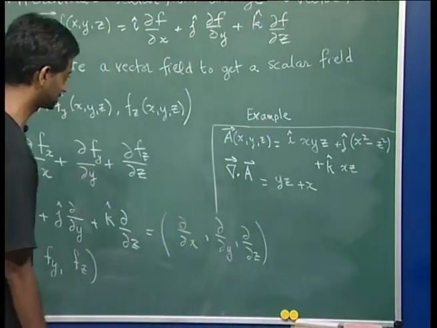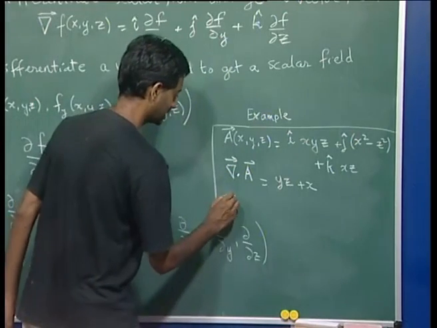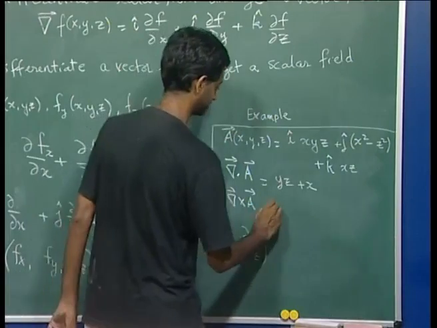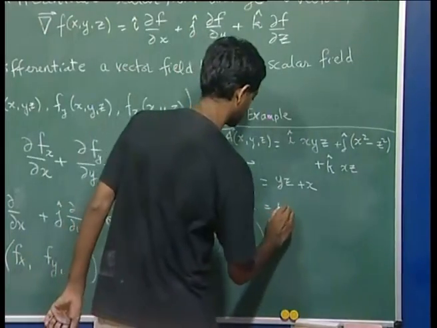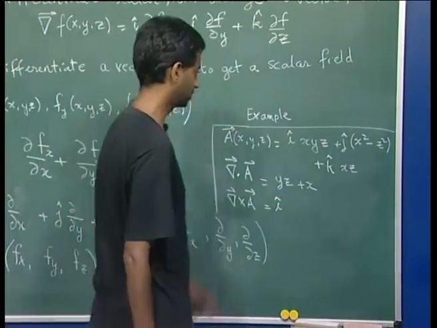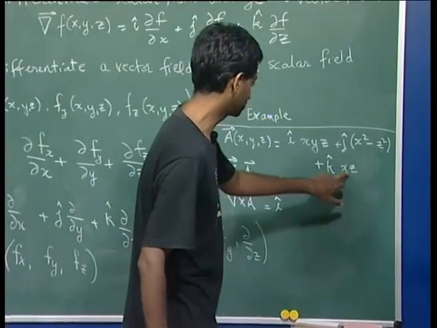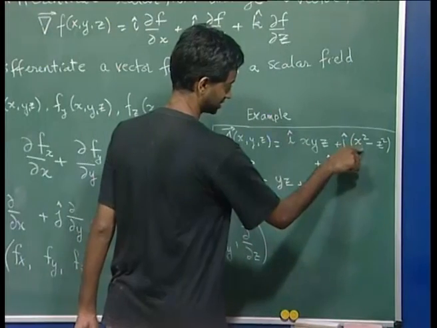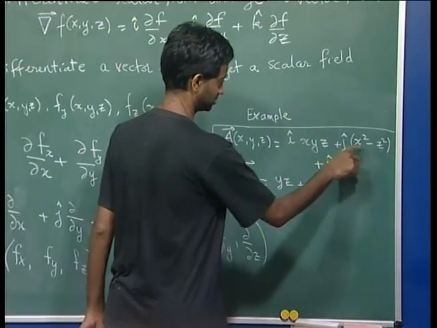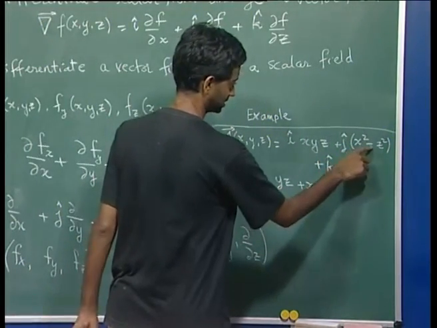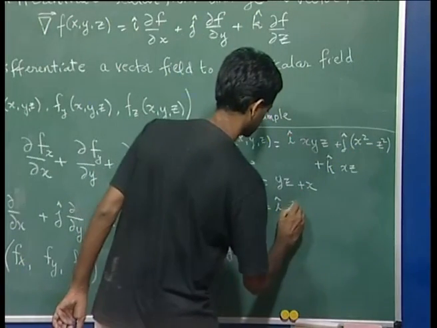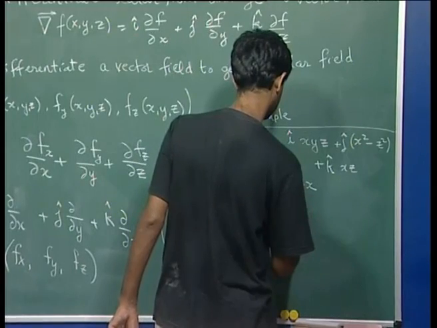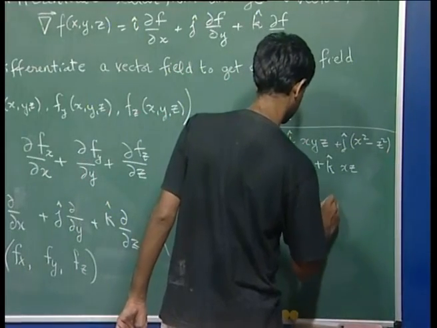So, the divergence is fairly straightforward to calculate, and the curl is also straightforward to calculate, only you have to take a few more derivatives here. So, the curl is a vector. The i component involves differentiation of the z component with respect to y, which gives me 0, and then differentiation of the y component with respect to z. So, that will give me minus 2 z. So, this is 2 z i, plus j.